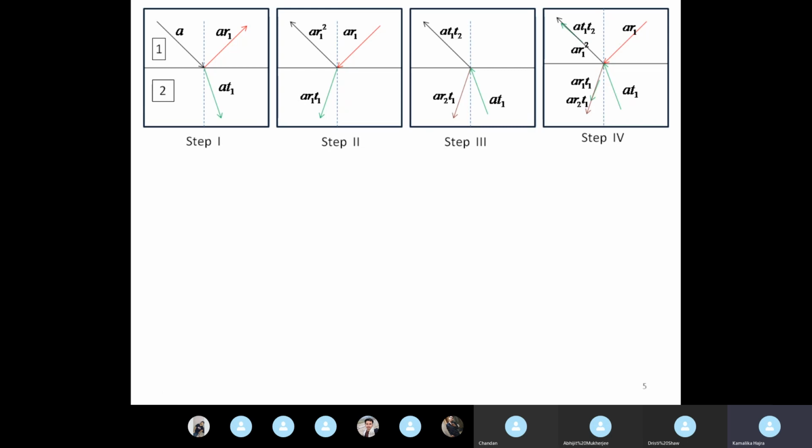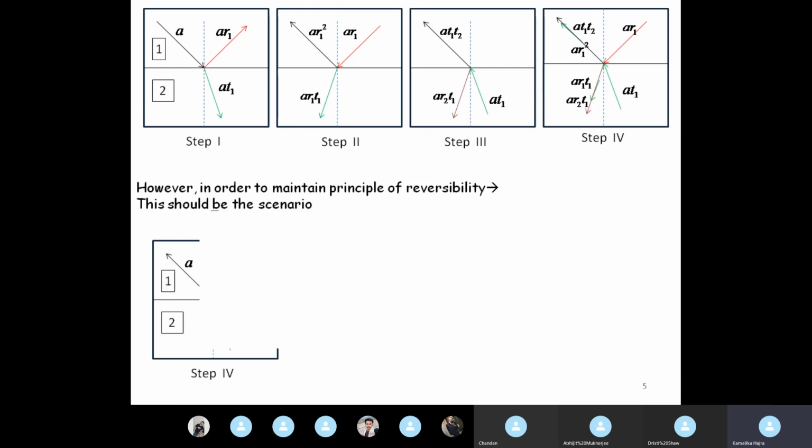Why do we need this? What comes out of this? If we want to maintain the principle of reversibility of light that we studied before this, this should be the scenario.